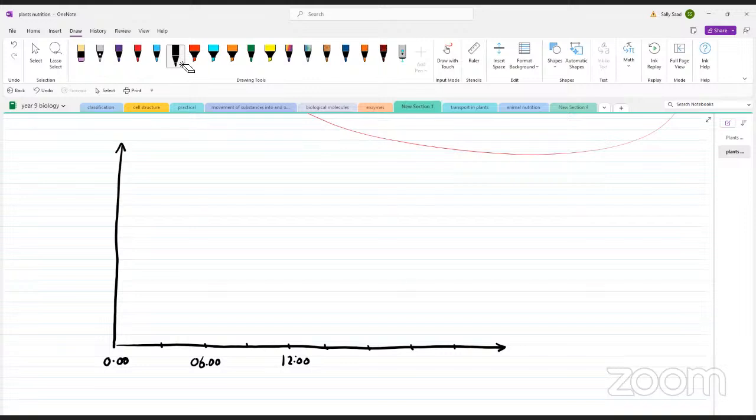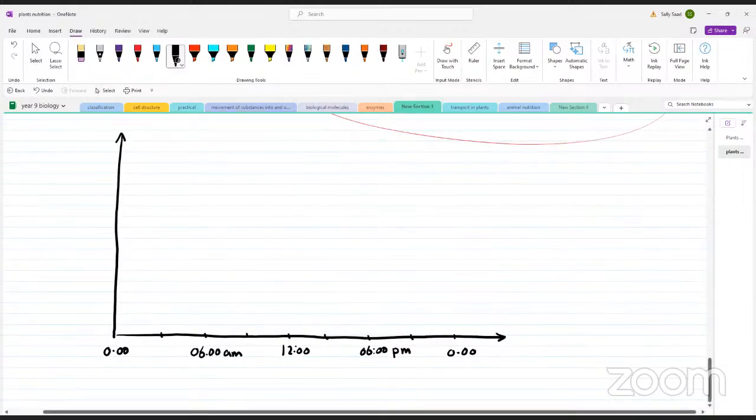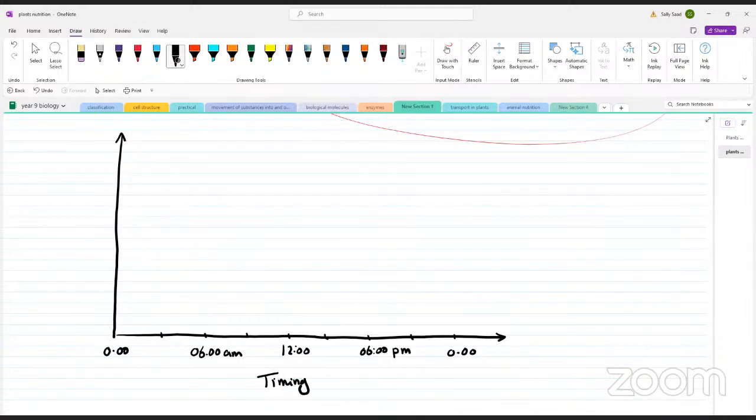Then 6 p.m. This is a.m. and this is p.m. And again we go to 00:00, midnight. This is the change of the timing during a day. And here I will write uptake of carbon dioxide.